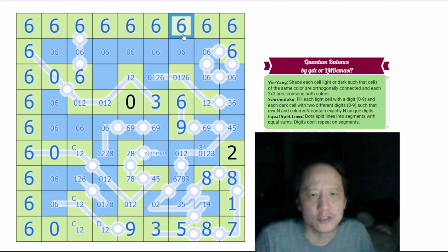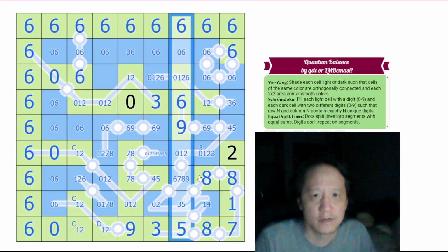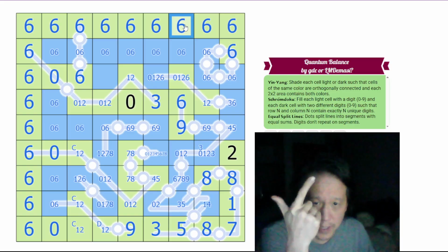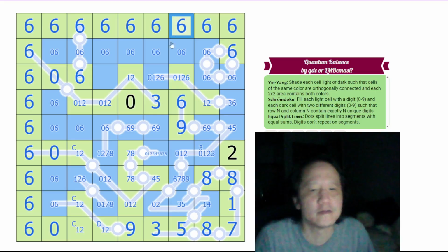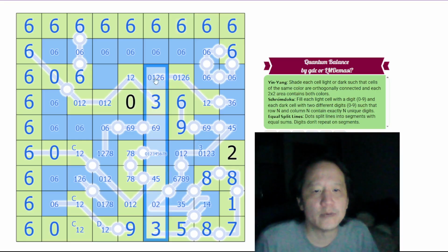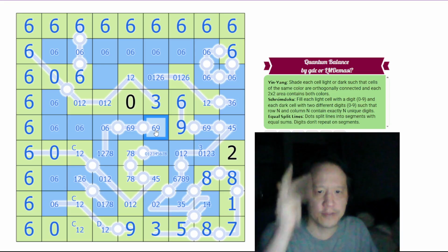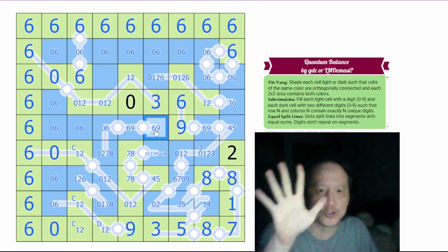How many unique digits do we have in column 7? We have 0, 6, 9, 5. It's not helpful. How about unique digits in column 6? Well, we have 0, 6, and 9, 3, and 2.